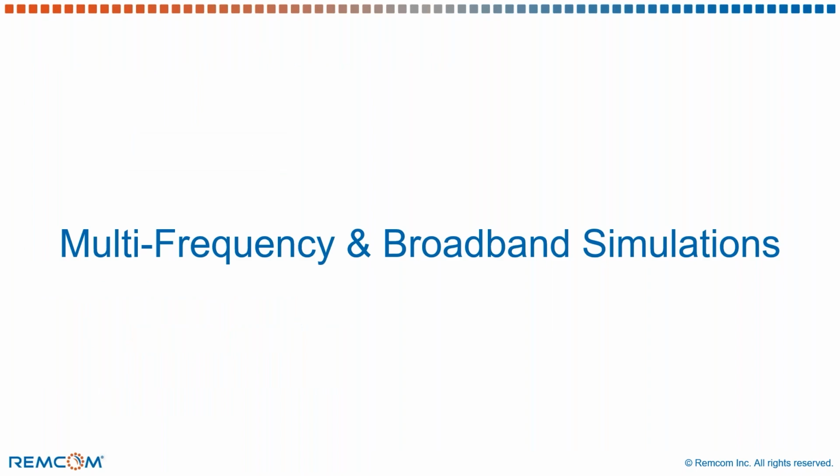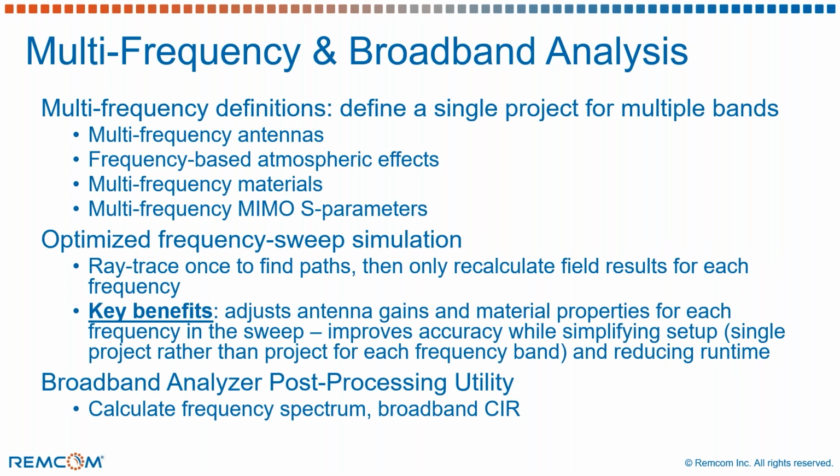For multi-frequency broadband simulations, some of the new features we have are better definition of materials, multi-frequency antennas, which allow you to either have MIMO or SISO antennas, where the pattern is defined for multiple frequencies.